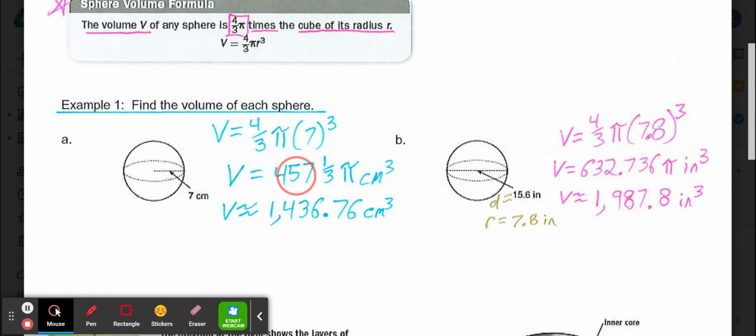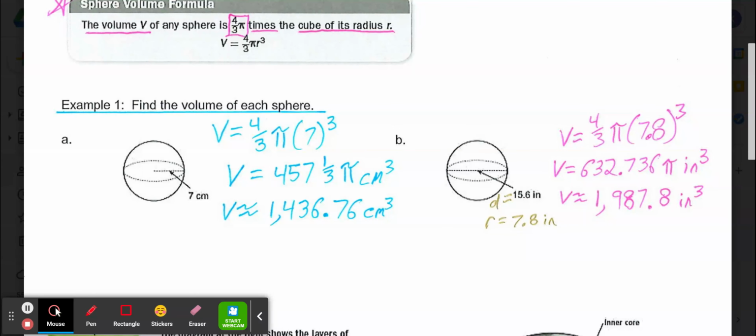Or our approximate answer, take the 457 and 1/3 multiply by pi, and it is approximately 1,436.76 cubic centimeters.